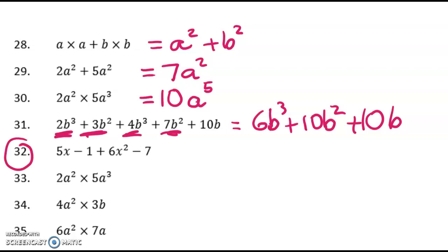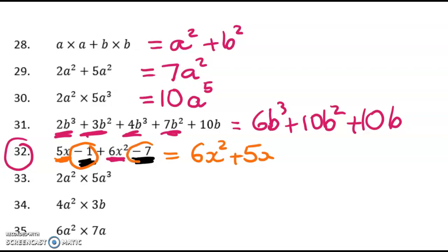In number 32, we've got some x squareds. We've got some x's, and then we've got some constants. Now the only things that are the like terms are the constants. So this one is going to be 6x squared plus 5x, and I've got minus 1, negative 1, take away 7, so it's going to be take away 8.